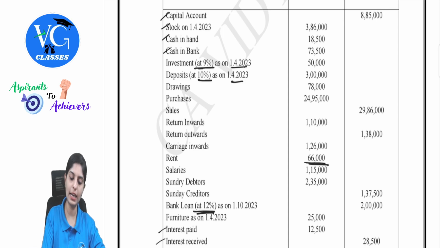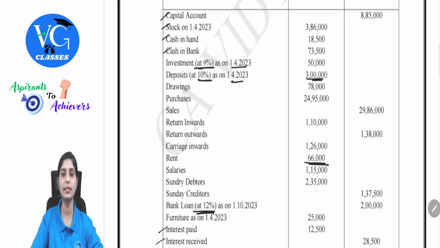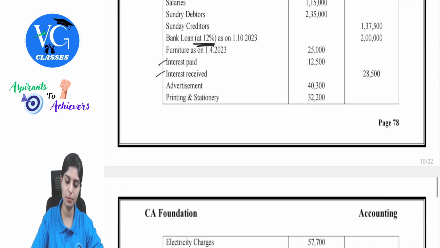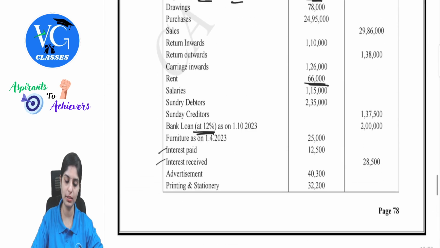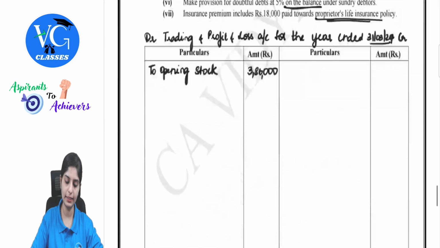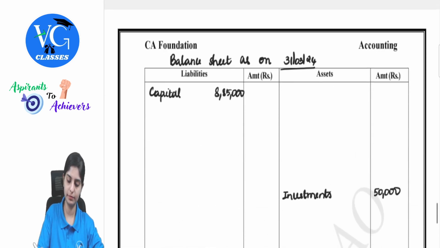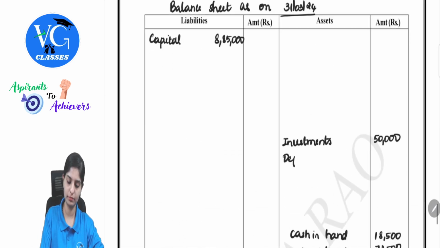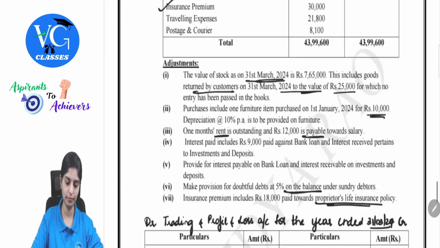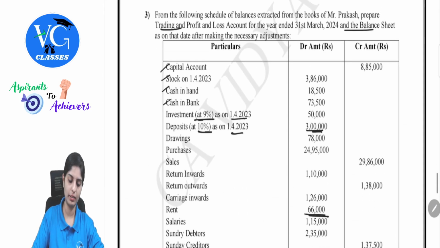Deposits. Deposits, again, if you observe the balances given on the debit side, it is nothing but your advances given in the nature of receivable. So again, this becomes your asset. So deposits is how much? 3 lakh. Next, drawings 78,000.